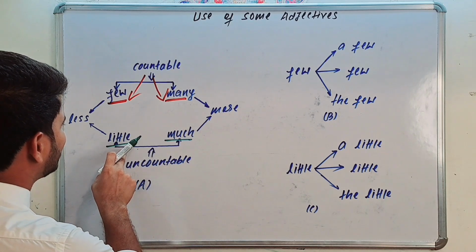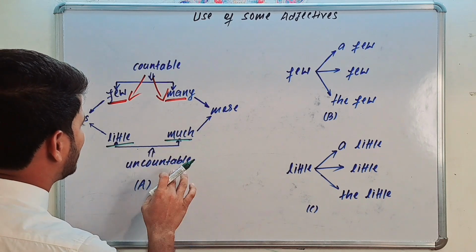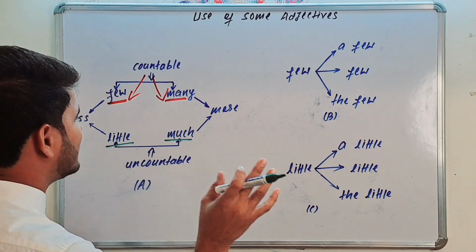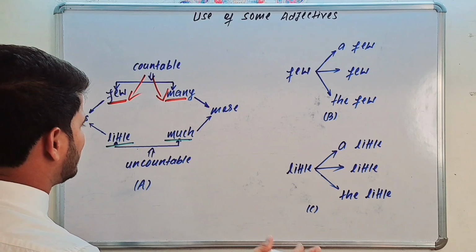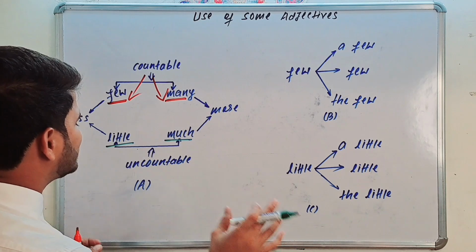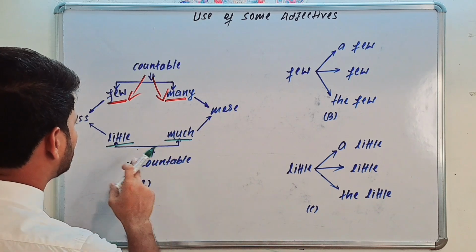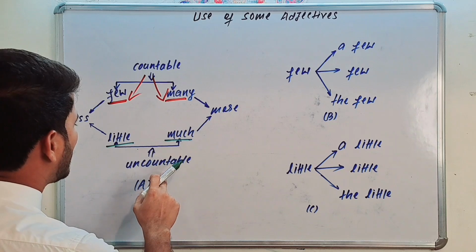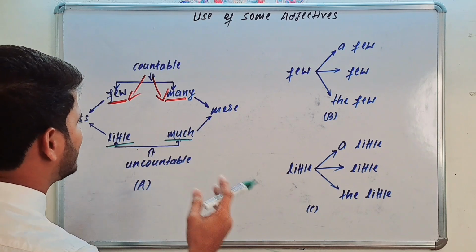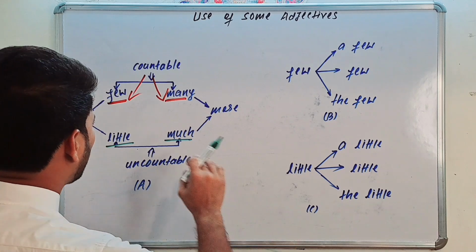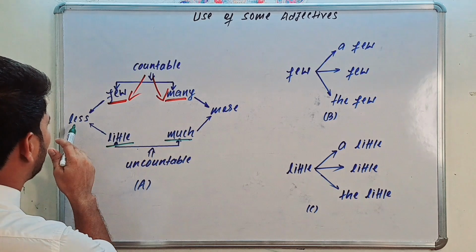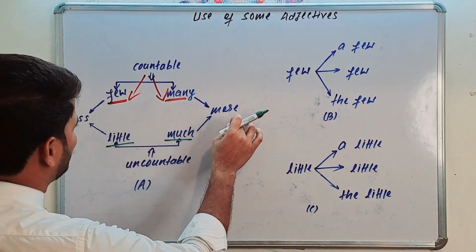So the adjective little is used with uncountable nouns like knowledge. Much water, much milk. So use little and much with uncountable nouns like water, milk, knowledge, etc. Little means less, and much means more.